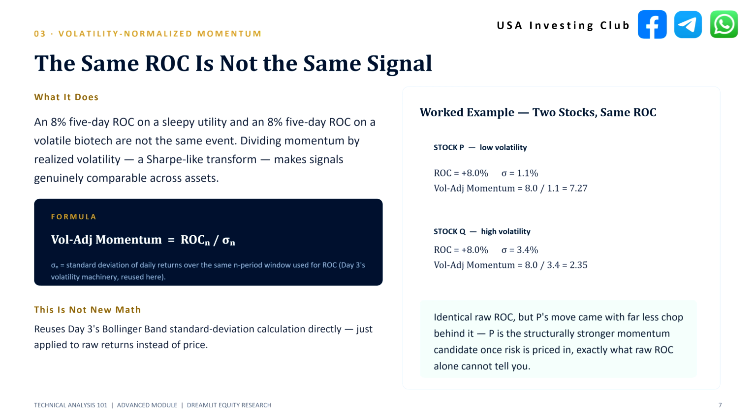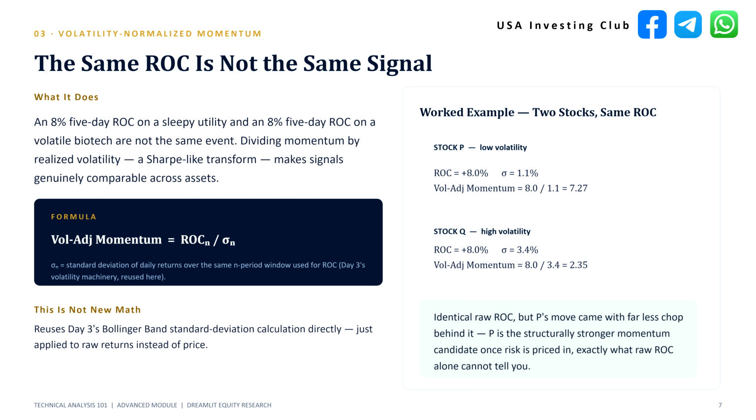Here's the formula. Volatility-adjusted momentum equals ROC over n periods, divided by sigma over the same n periods, where sigma is the standard deviation of daily returns over that same n-period window used for ROC. Day 3's volatility machinery, reused here directly rather than built again from scratch.